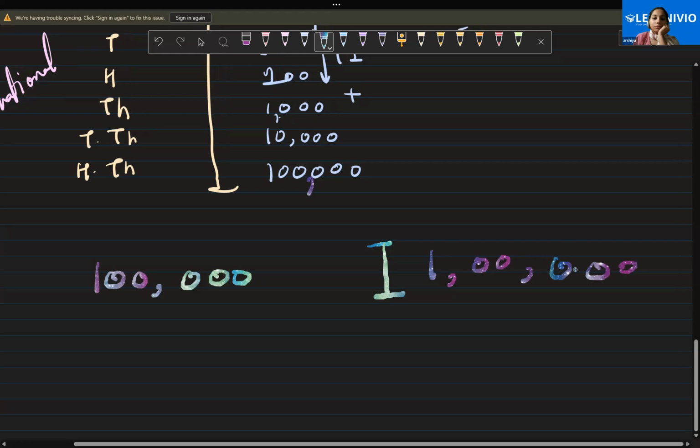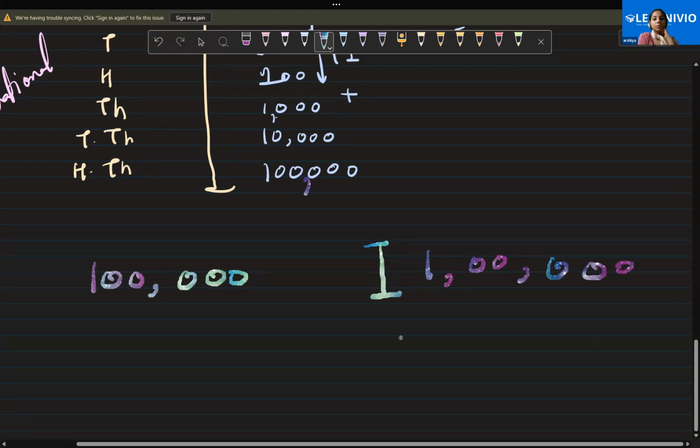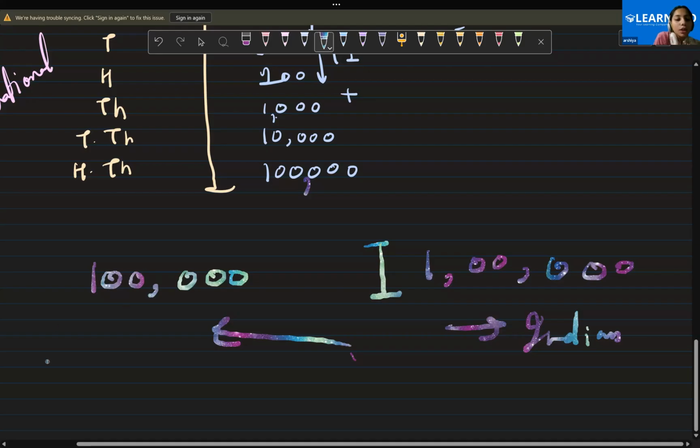The right one is the Indian, and the left one is international. Very good. The numbers are same. Their values are also same. It's just that they're written in a different way. Otherwise, the values are same. Is that clear?